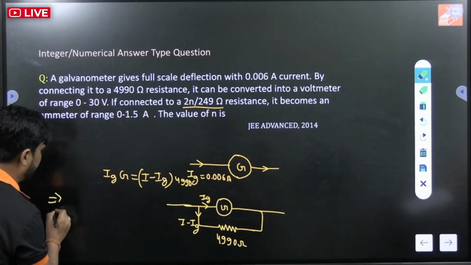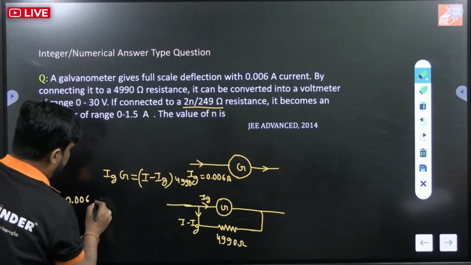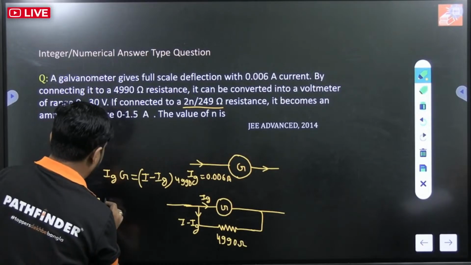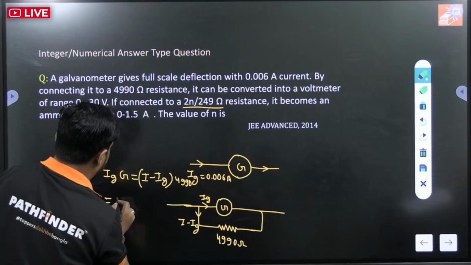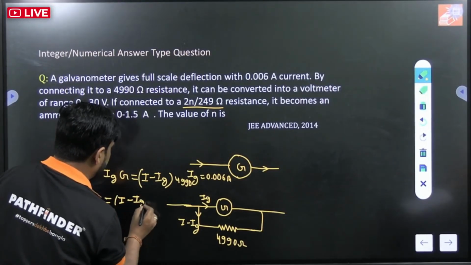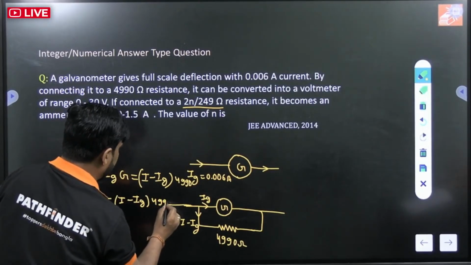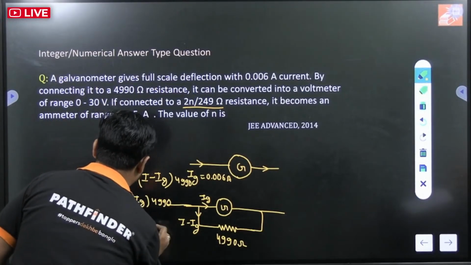So Ig का वैल्यू क्या है? Ig का वैल्यू है 0.006 into G is equal to I minus Ig into 4990. ठीक है ना? ये आ गया, एक इक्वेशन बन गया मेरा.